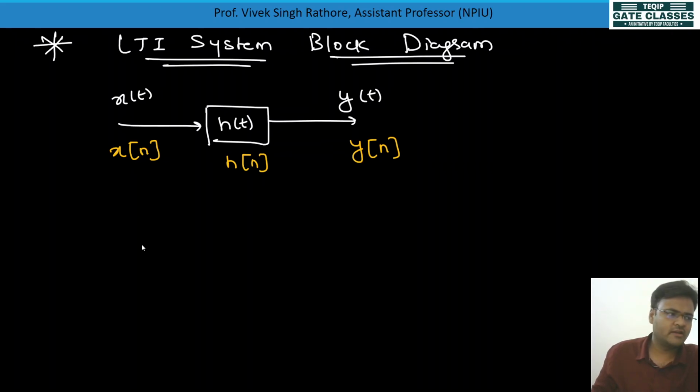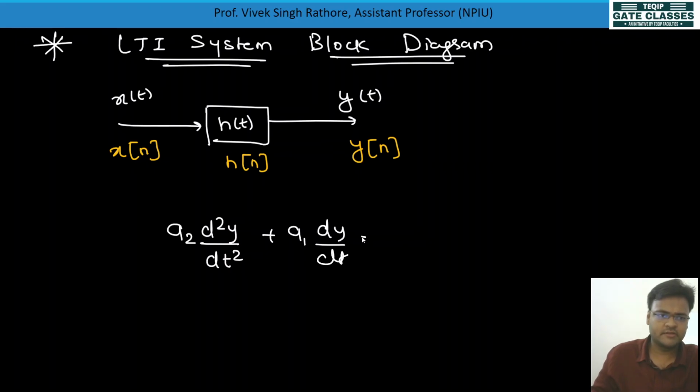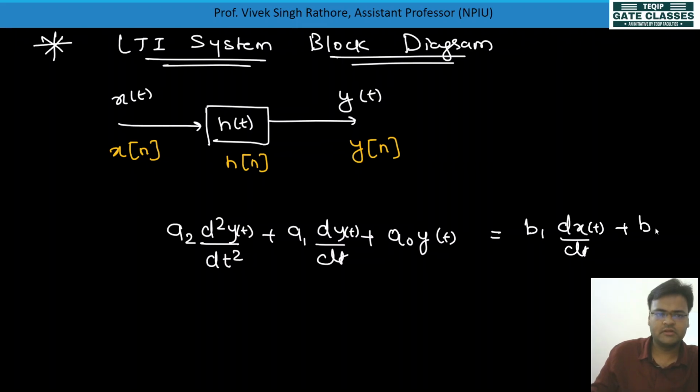A mathematical equation which is physically realizable is close to the differential equation. Let's suppose we have a differential equation: a2 d2y/dt2 plus a1 dy/dt plus a0 y(t) on the left, and on the right-hand side b1 dx(t)/dt plus b0 x(t).